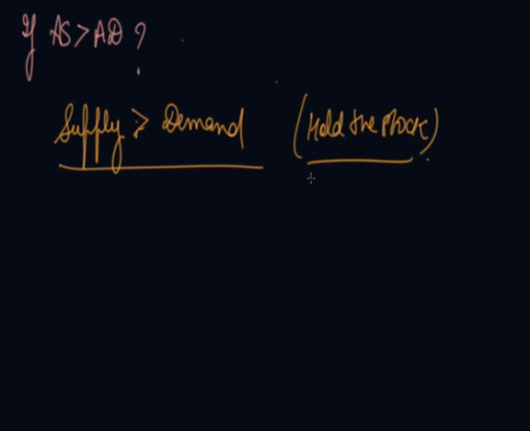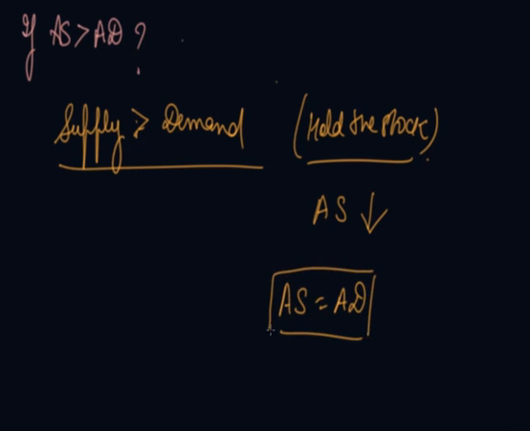Demand is not there, so what will the producer do? The producer will hold the stock and reduce the supply in the market. So ultimately aggregate supply will come down and aggregate supply will be equal to aggregate demand again, and equilibrium will be restored in the economy.